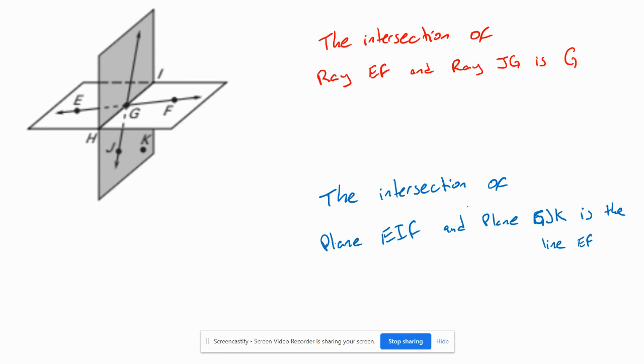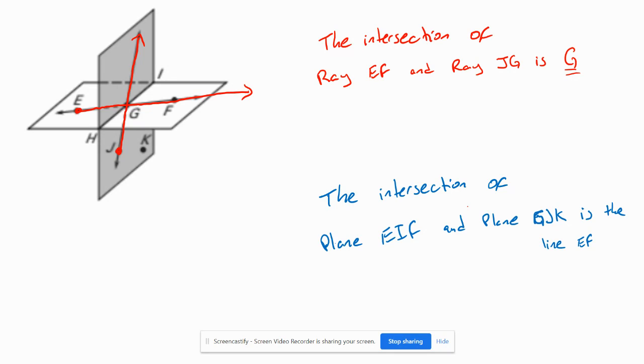The ray EF is a ray that starts at E and goes through F. Now the ray JG, I start at J and go through G. Now the intersection, I'm saying, is point G. What I mean is that this point, because it's just one point, is the only point that is in both rays.